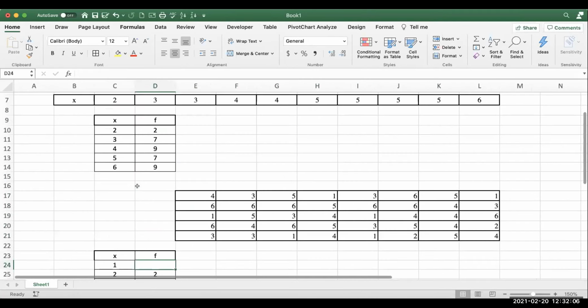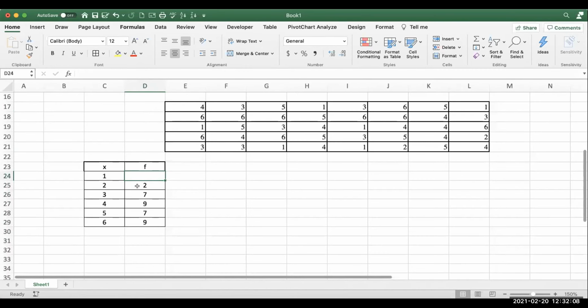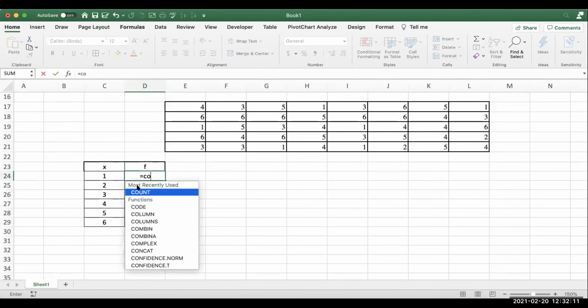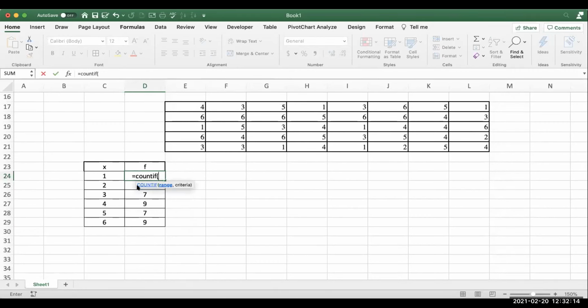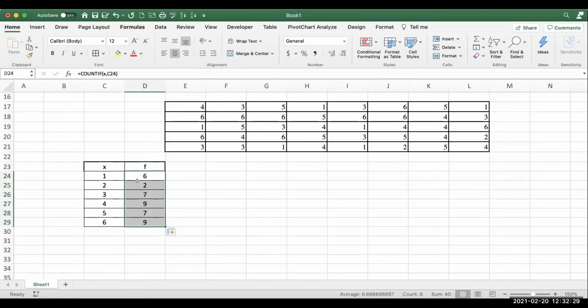So now let's do count. Yeah. Let's call this X. Good, highlighted it. And let's put a 1 there. Okay. Pull it down. So there are 6 1s, 2 2s, 7 3s, 9 4s, 7 5s, and 9 6s.